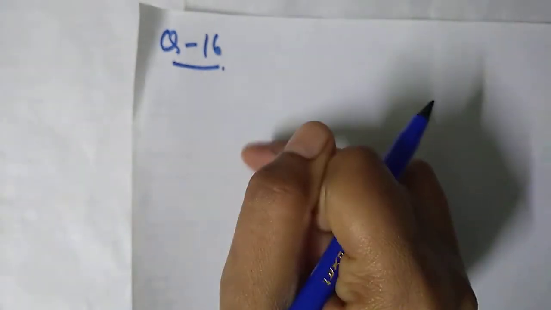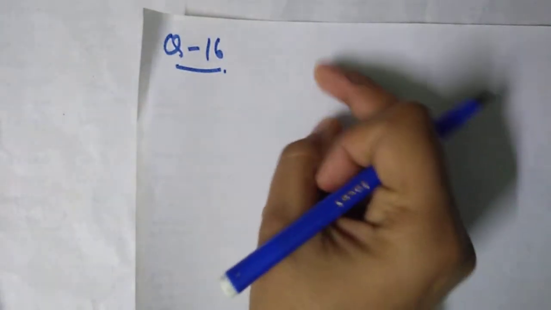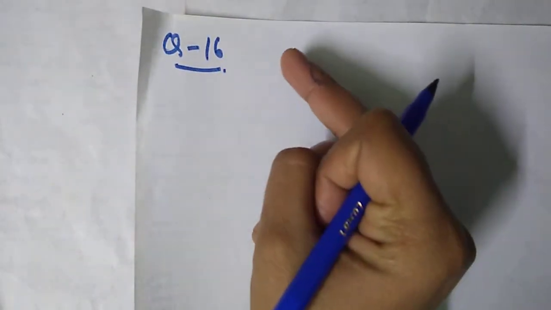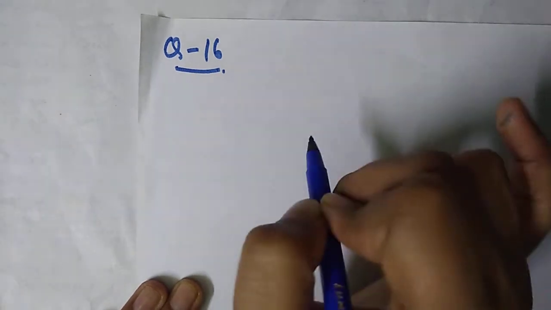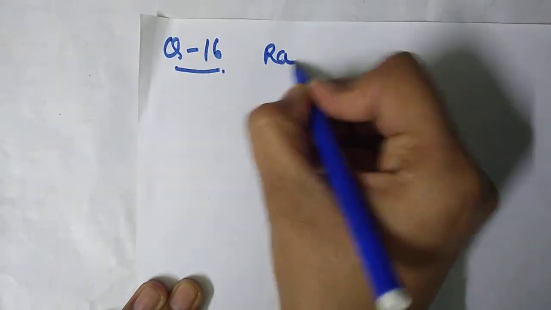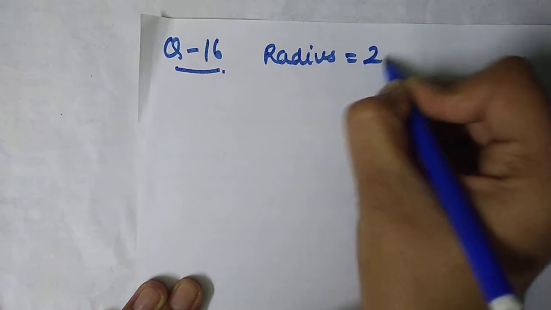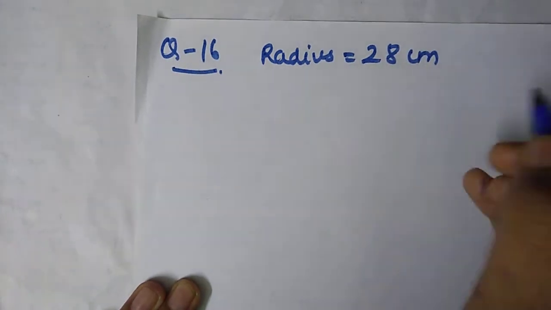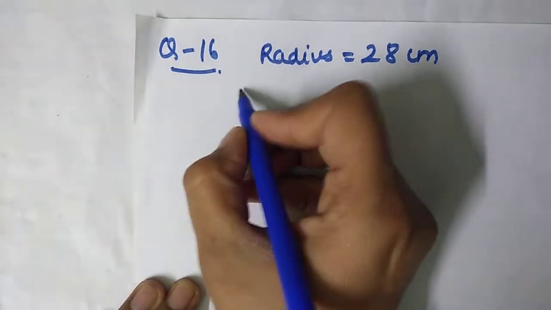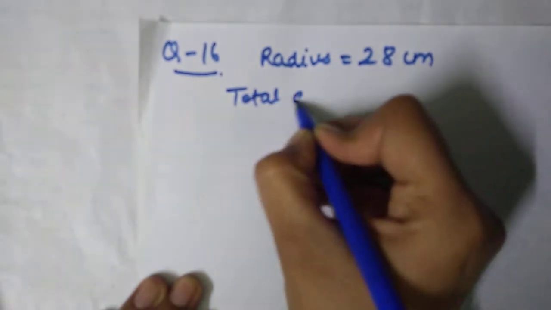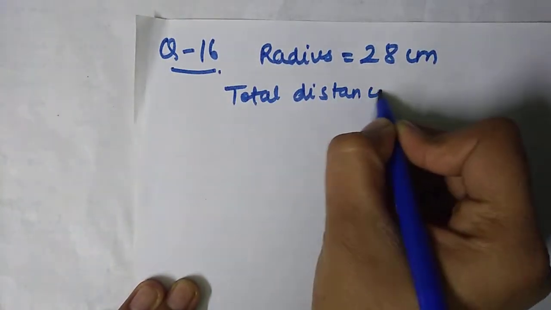A wheel is always in the shape of a circle, its radius is given as 28 centimeter, and the total distance you have to cover is 352 meter.